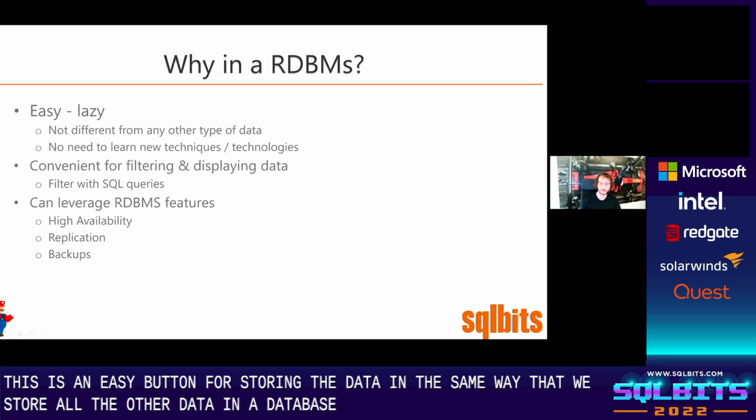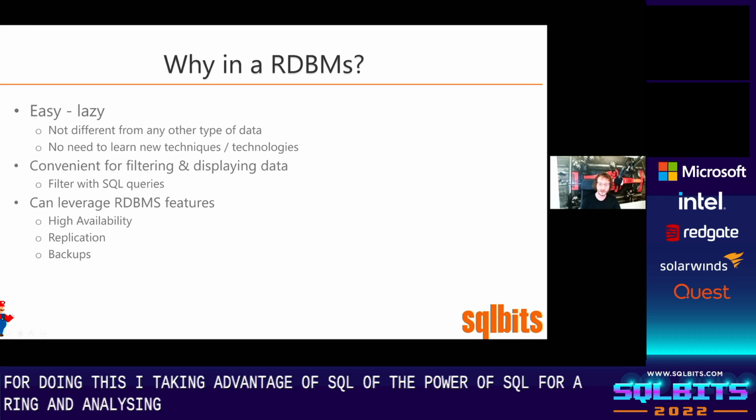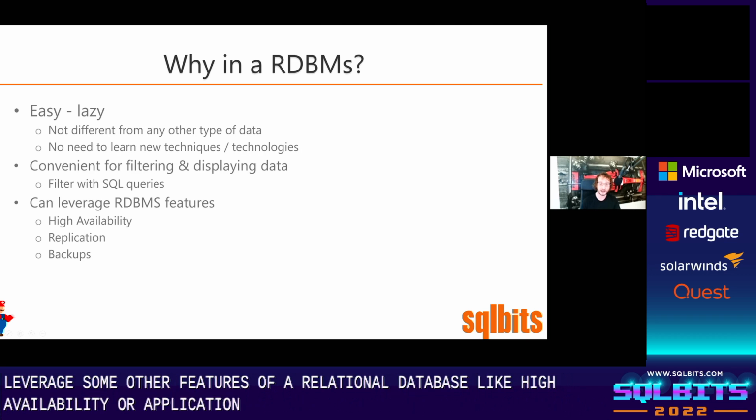Some of the possible reasons are taking advantage of the power of SQL for querying and analyzing logs. And sometimes this happens because we can leverage other features of a relational database, like high availability, replication or backup.